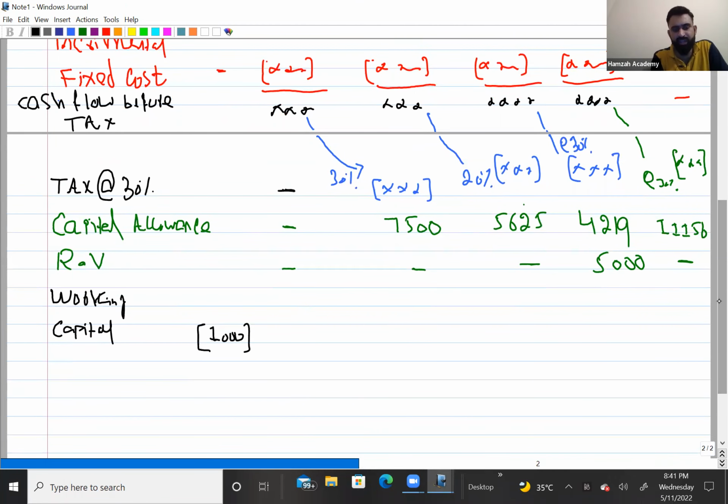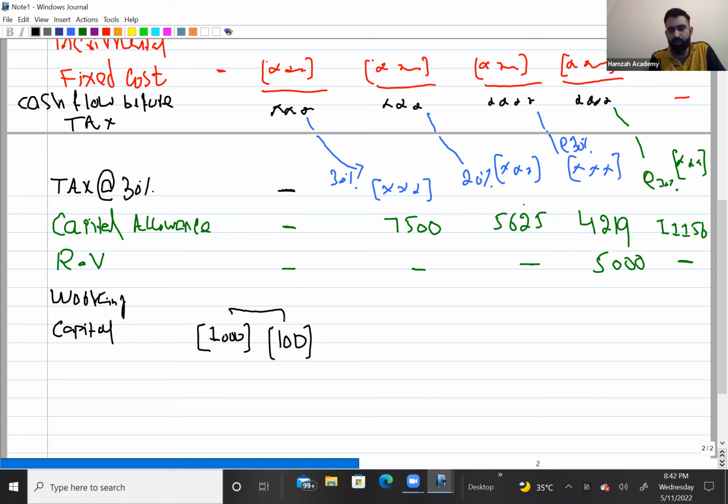Then in every year there will be a 10% increase, and we will take the incremental working capital. So in year 1 we need 100 further working capital. So at the end of year 1, we now have a total of 1100 in working capital. 1000 was initially invested, then $100 was subsequently invested.